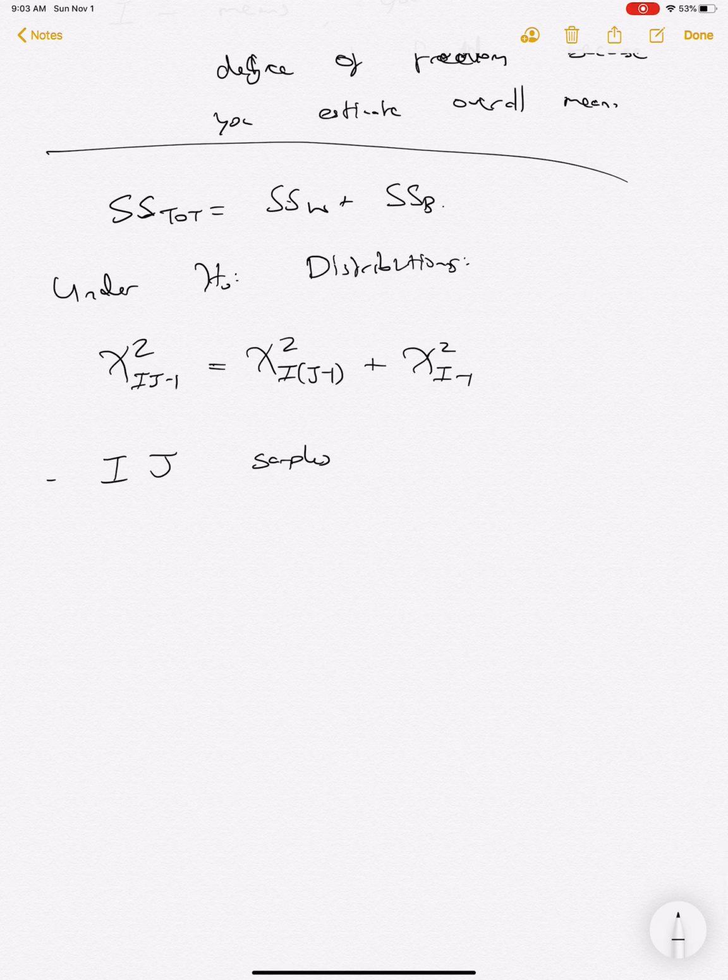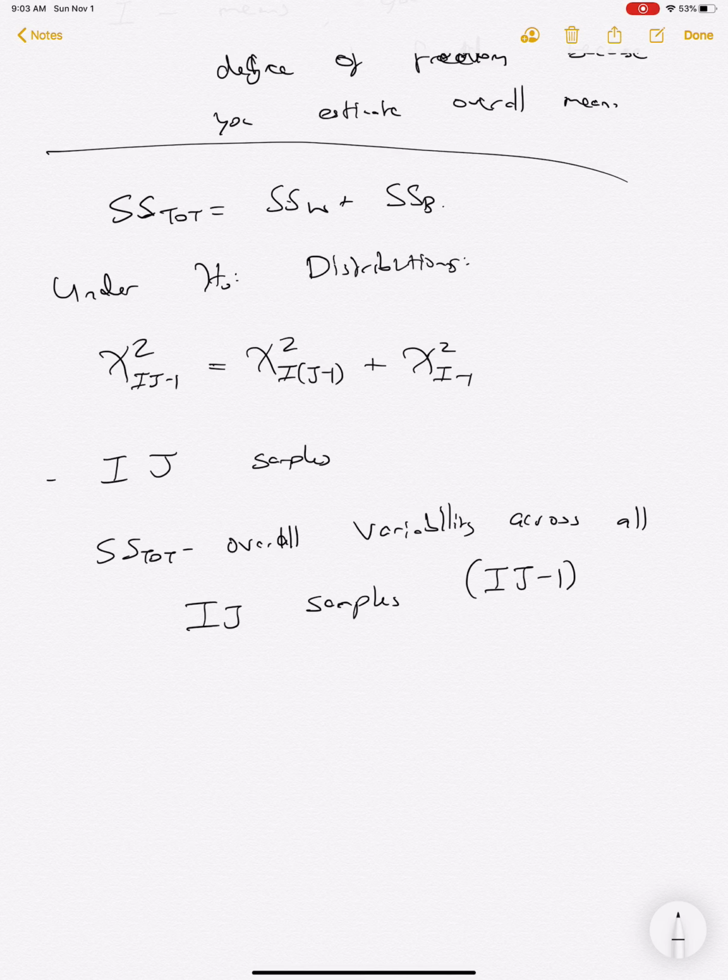We can think of SS total as the overall variability across all ij samples, and that's why we have ij minus 1 degrees of freedom, because we lose 1 for the sample.